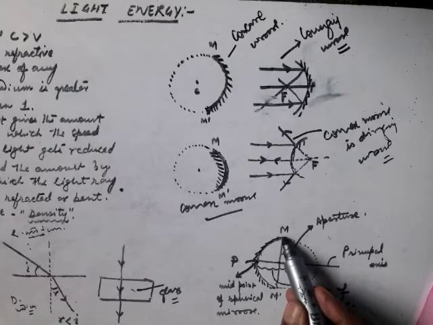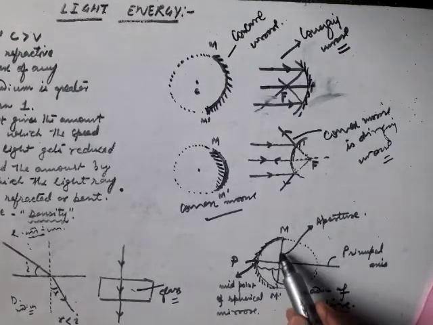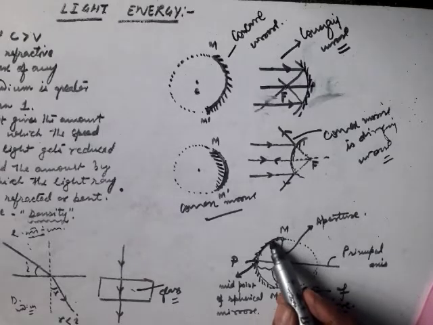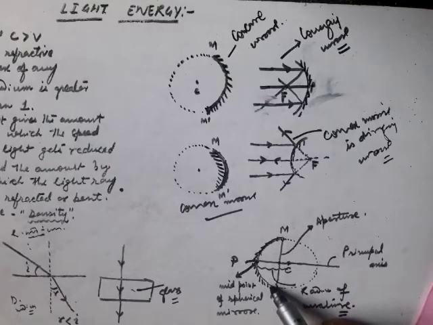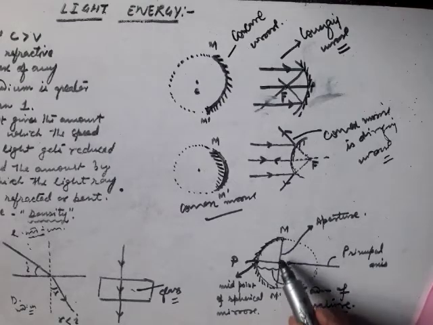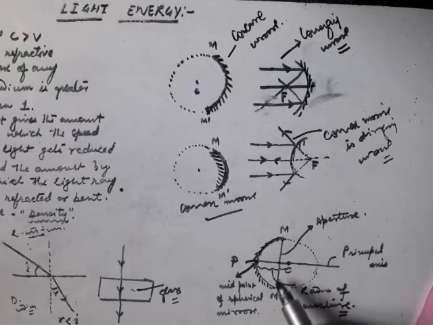This is the diameter from this point to this point, and every part of it is the effective area of the reflecting portion. So the effective diameter of the light reflecting area of a spherical mirror is called the aperture.